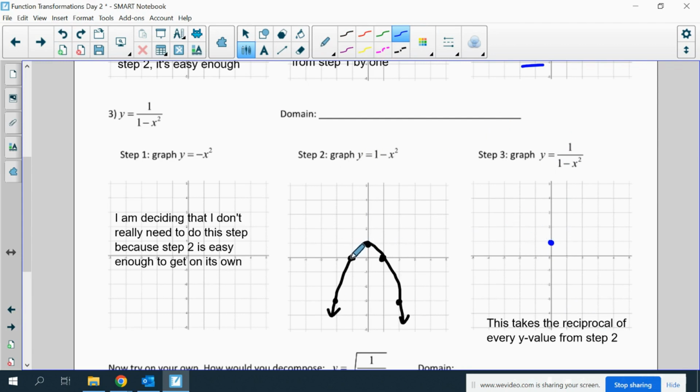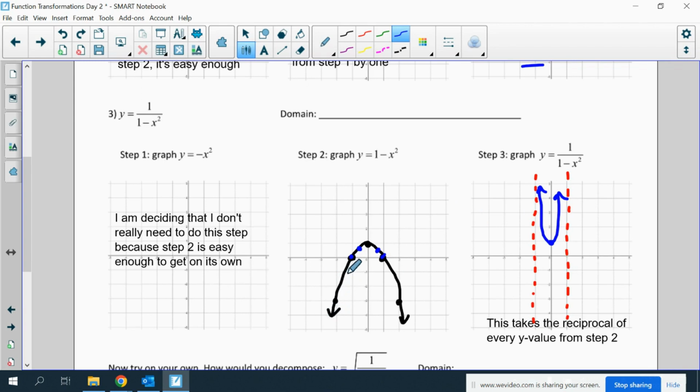Once again, remember that if I get zeros, those are going to be vertical asymptotes if I have a reciprocal. And as I get closer to them, my reciprocals actually get bigger. So it's going to be something that looks very curvy and going off to infinity.